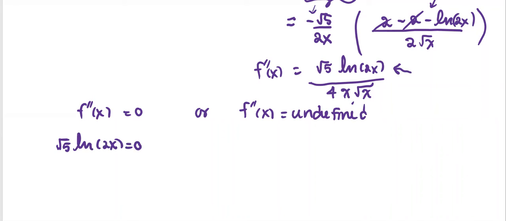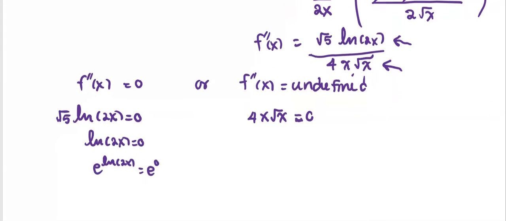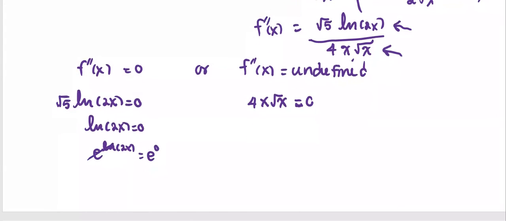For the undefined, the denominator is 0, or 4x square root x equals 0. Solve each one, divide all by square root 5. Natural log of the 2x equals 0, raised to the power of e. So e to the natural log of the 2x equals e to the power 0. E and log cancel. We have 2x equals 1 or x equals 1 over 2.